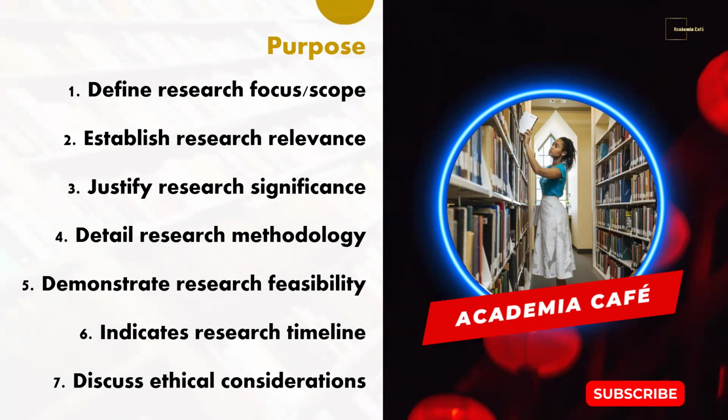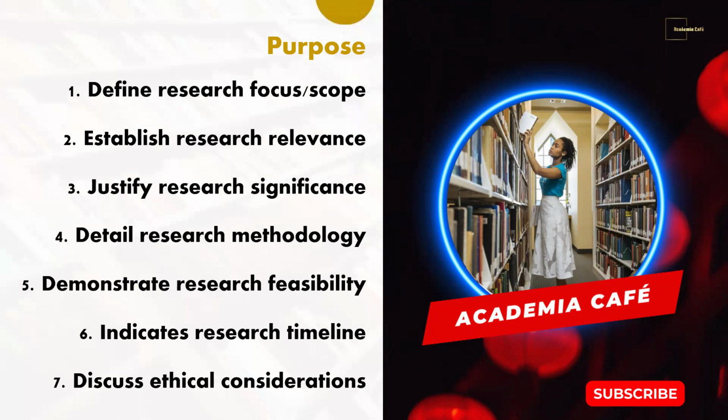Those are the key purposes of research proposals. In essence, a research proposal does not only serve as a plan for conducting the research, but also convinces all concerned of the what and feasibility of the research project.